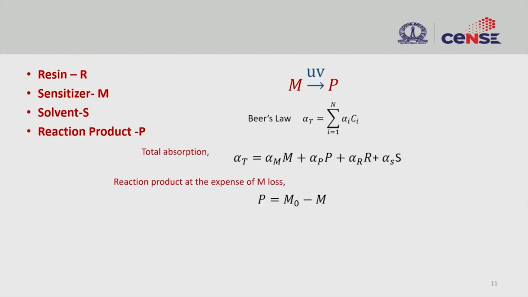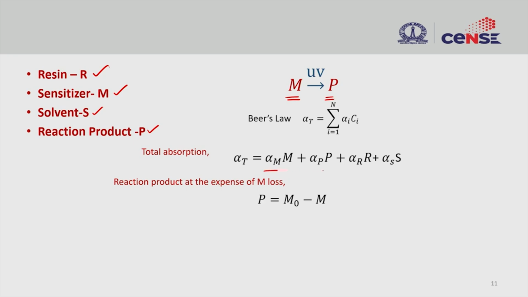Or in another way, one can look at this as the resin, sensitizer, and solvent all being present. In this case, you will also have reaction products. When you eliminate the sensitizer M, in this case using a UV source, you will get a product, and you also expect this product to absorb some light.